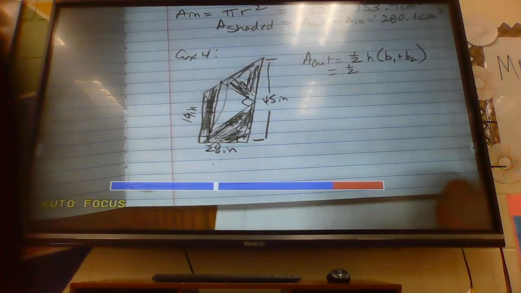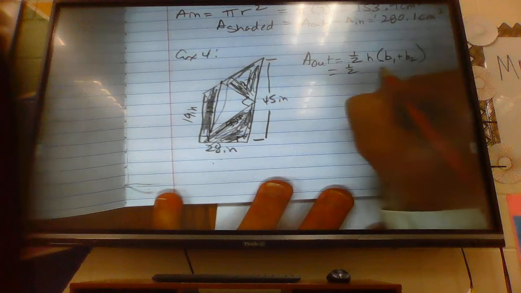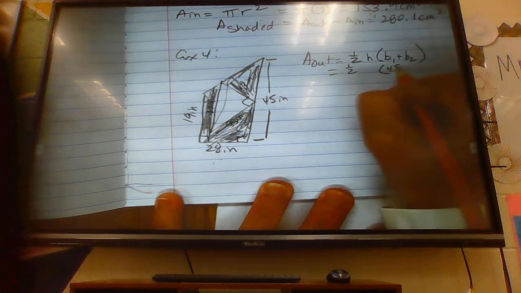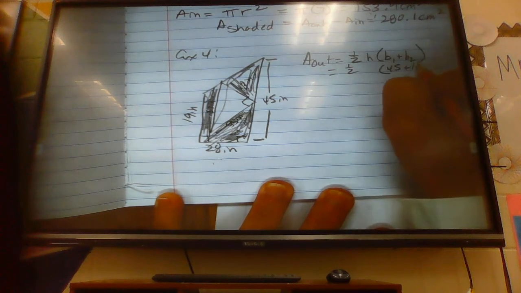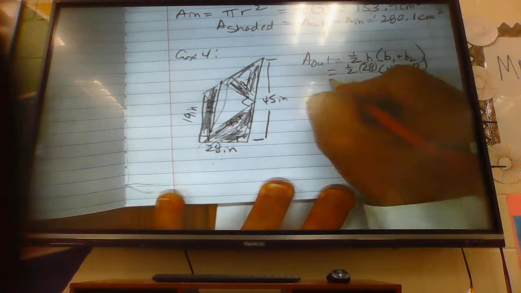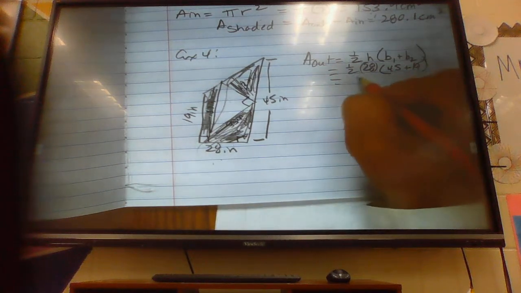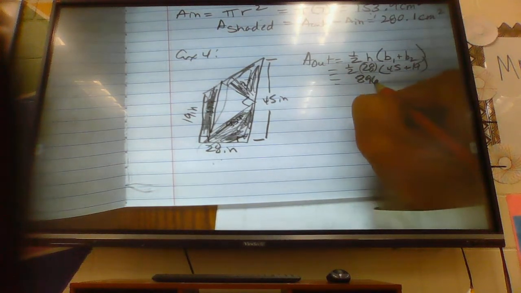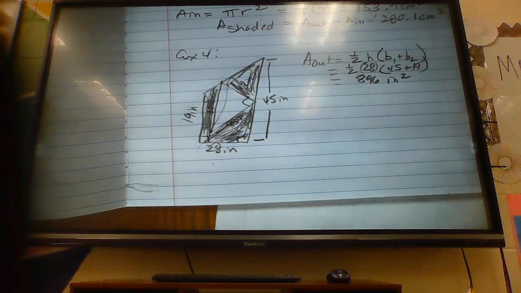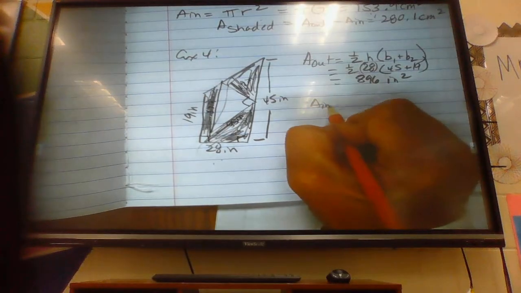Yep. So then my height is 28. So I get 896 inches squared. Did anybody plug that in?